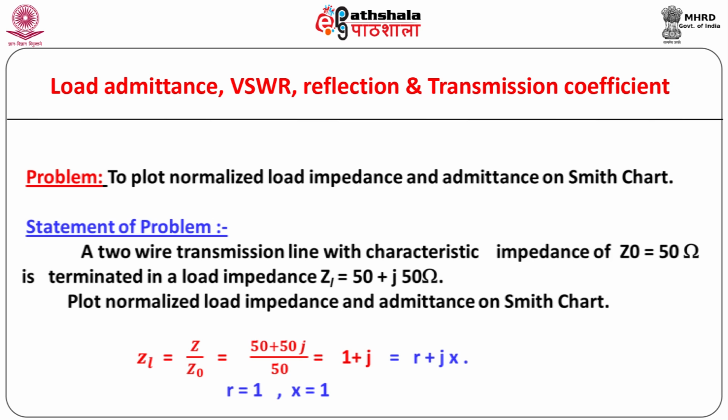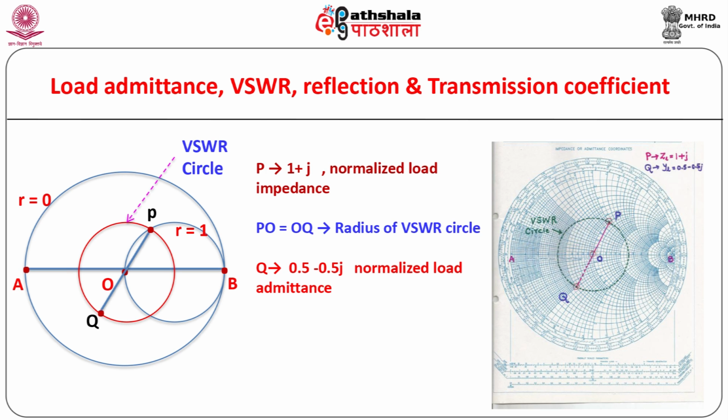The steps are as follows. Calculate the normalized load impedance ZL. Second step, find the point P of intersection of the R equal to 1 circle and the X equal to 1 circle on the Smith chart. Point P represents this normalized load impedance. Step number 3. With O as center, draw a circle with OP as its radius.